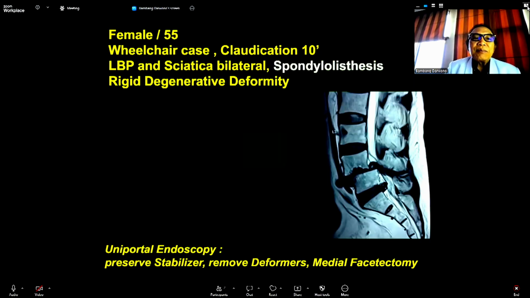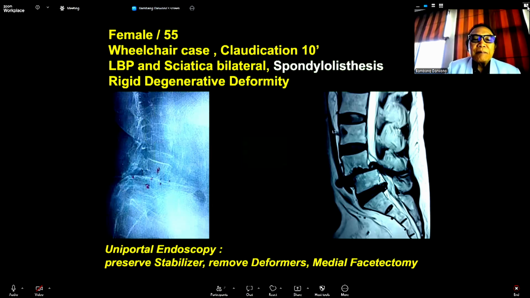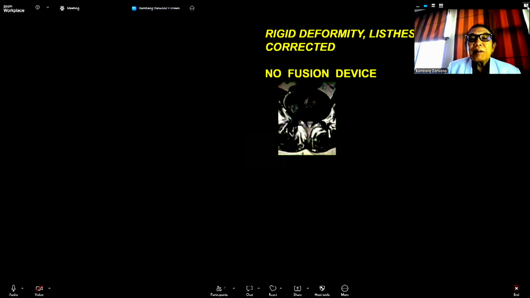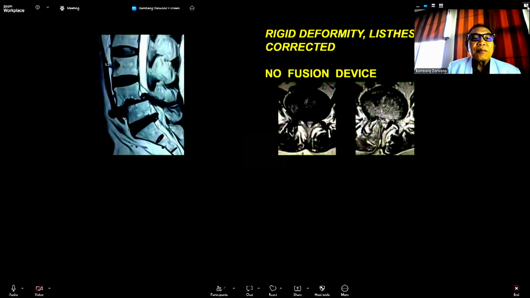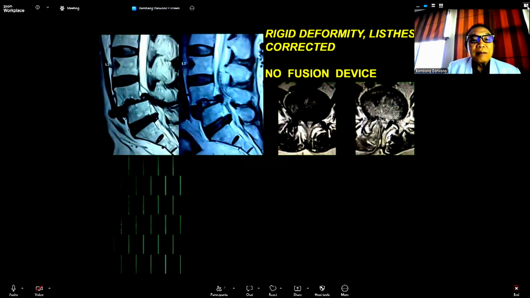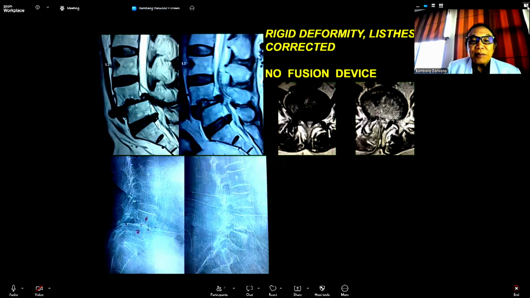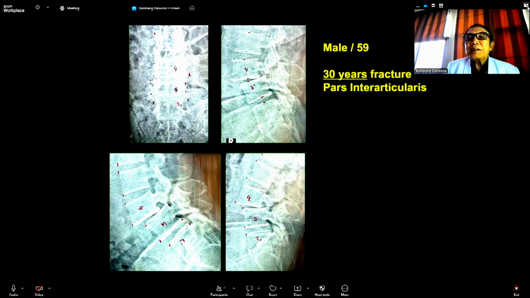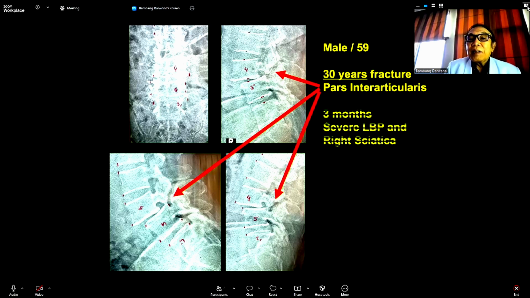Another case, 55, wheelchair case, claudication at 10 minutes, with spondylolisthesis. We perform the same things, before, after, corrected. Another case, this is a 30-year-old pars interarticularis fracture like this, unstable. And 3 months later, severe low back pain and right sciatica.